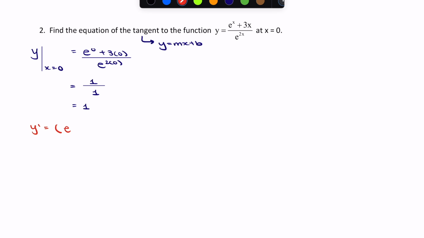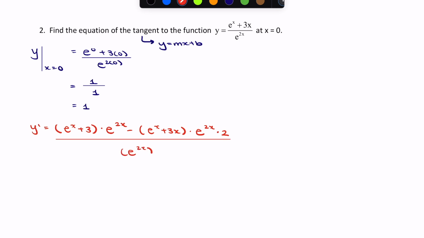And so we have e to the power of x plus 3 times the bottom, which here is e to the power of 2x, minus the top, which will be e to the power of x plus 3x times the derivative of the bottom, which will be e to the power of 2x, and then the derivative of 2x, which is 2. All over e to the power of 2x squared.